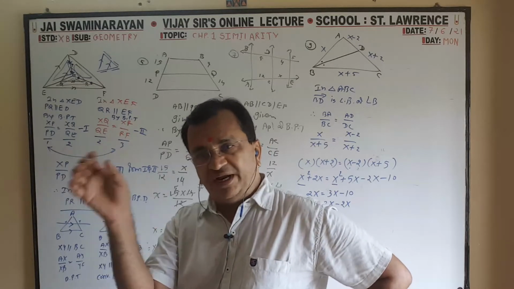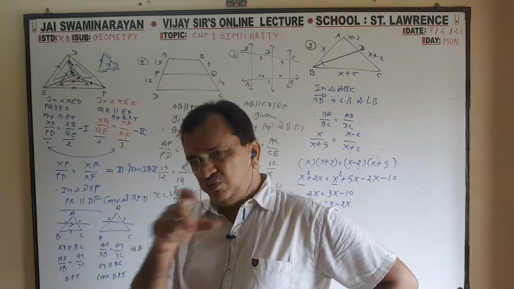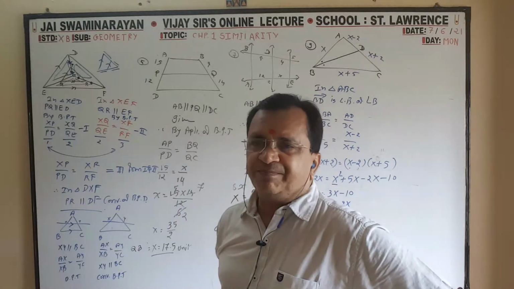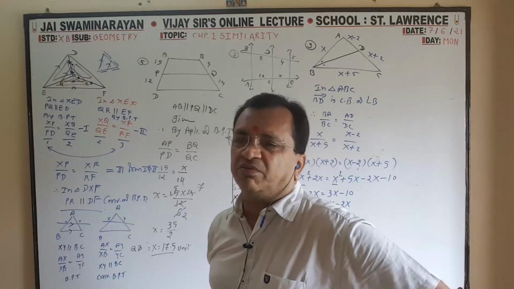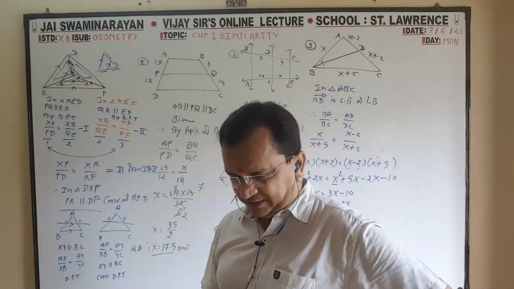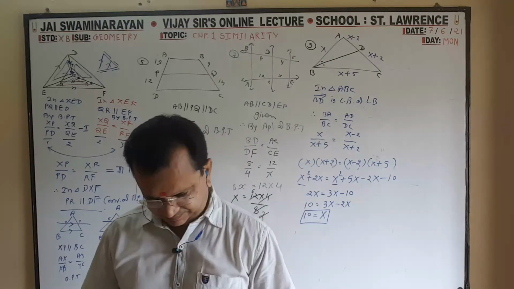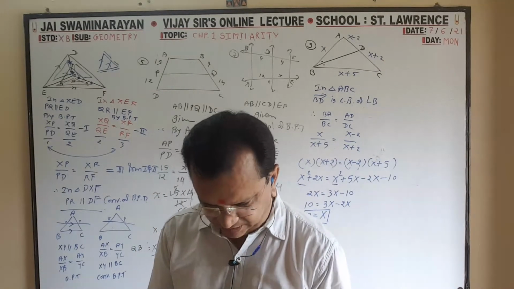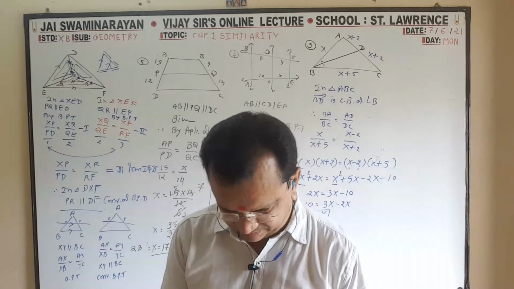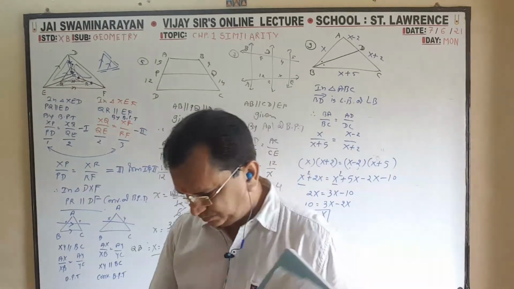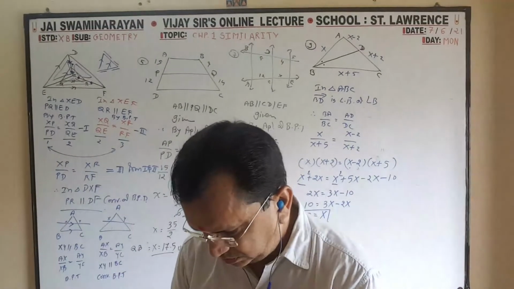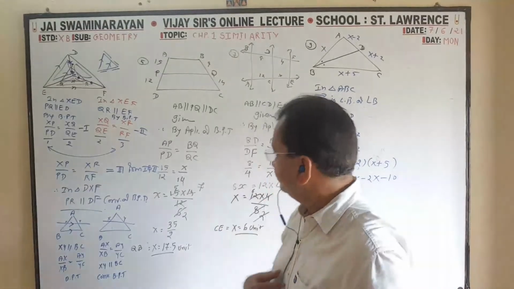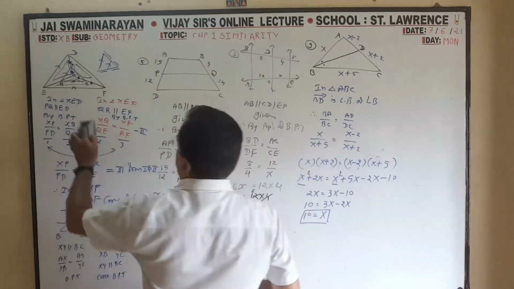When you find the ratios equal and you write that two lines are parallel, that is the converse of BPT, meaning the reverse of that theorem statement. So this example they have given as an activity. Shall I rub all this?